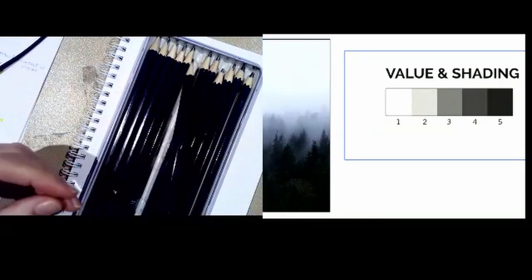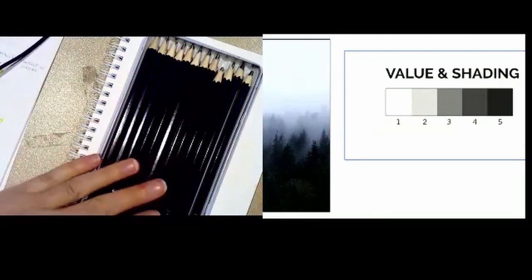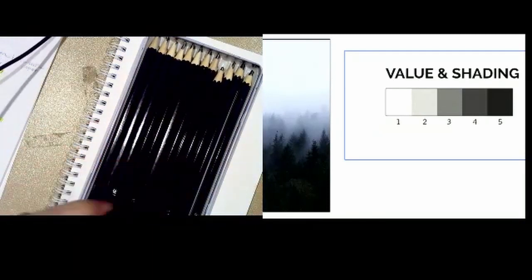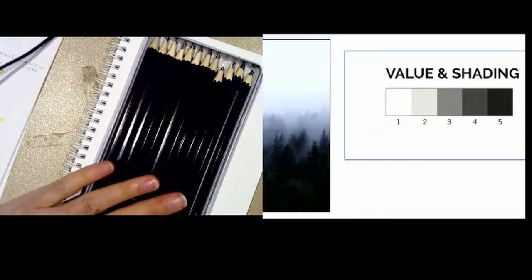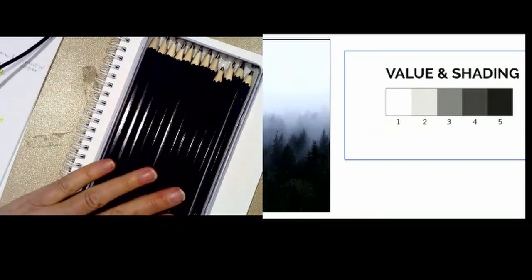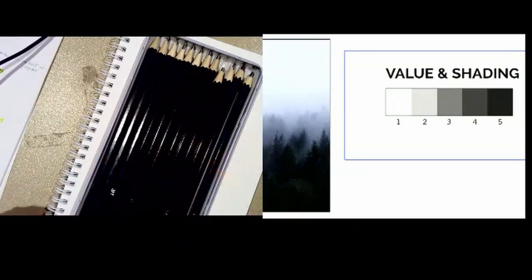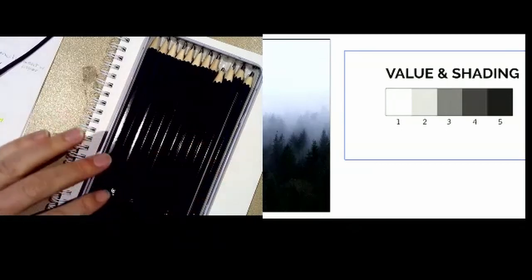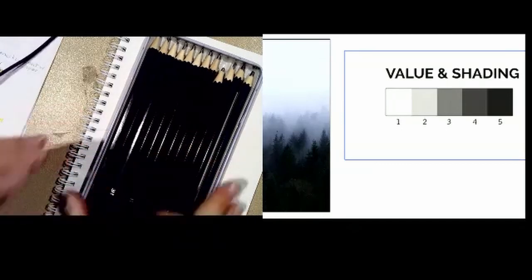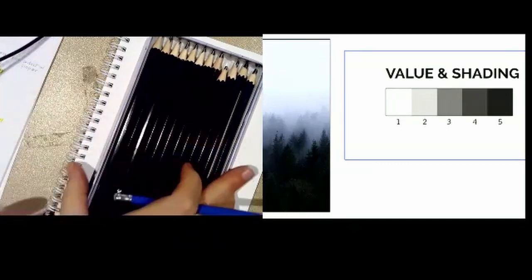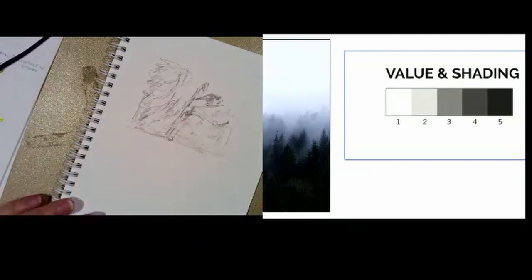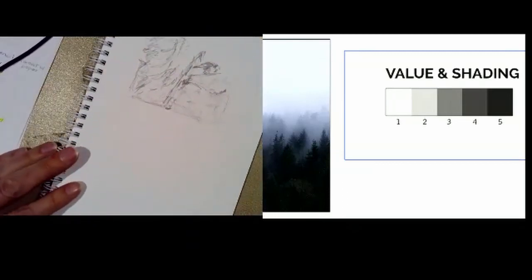Now, of course, if you have a set like this, you go for your 6B, because that'll give you the super black that we need for the darkest parts of this picture here. We can get the same technique with one pencil just by layering and layering and layering. If you've got a range of pencils like this, then you go for your softer ones for the darker, and you get those effects a little more quickly.